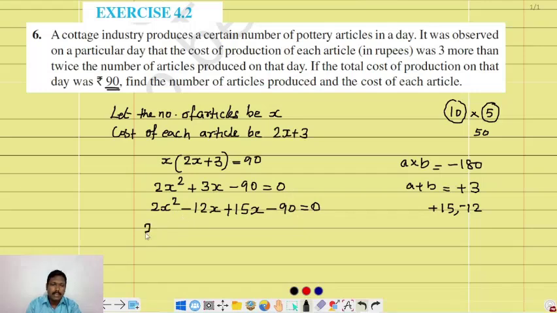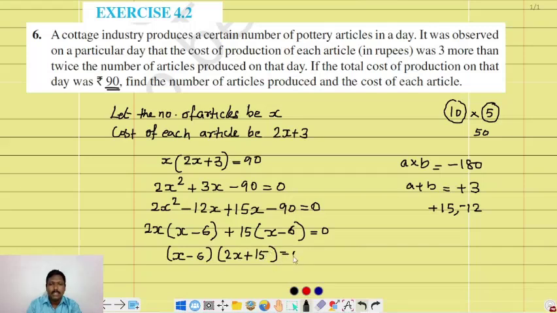So you can take common from this. 2x you can take common. So 2x into x minus 6, plus 15 you can take common, so 15 into x minus 6 is equal to 0. That is x minus 6 into 2x plus 15 equal to 0.